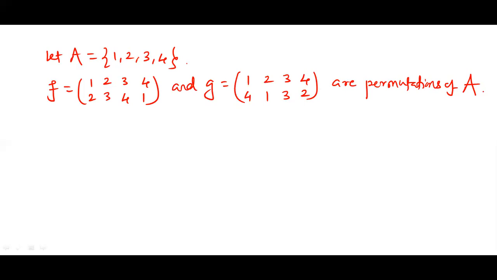Let's find what is permutation g naught f. Here I am writing permutation g, which is this permutation, and permutation f.